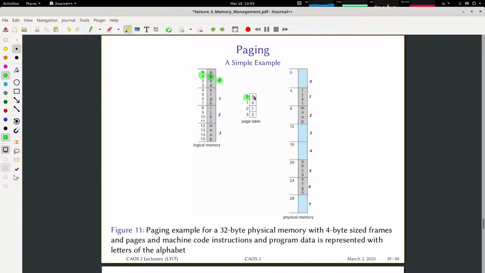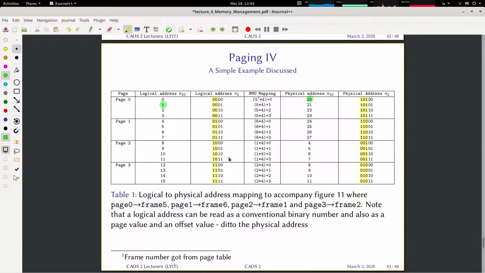Page 0 is mapped to frame 5, and when we look up frame 5 and we look for B, you can see that it is stored in memory address 21. So the mapping that we're looking to achieve here is from logical address 1 to physical address 21.